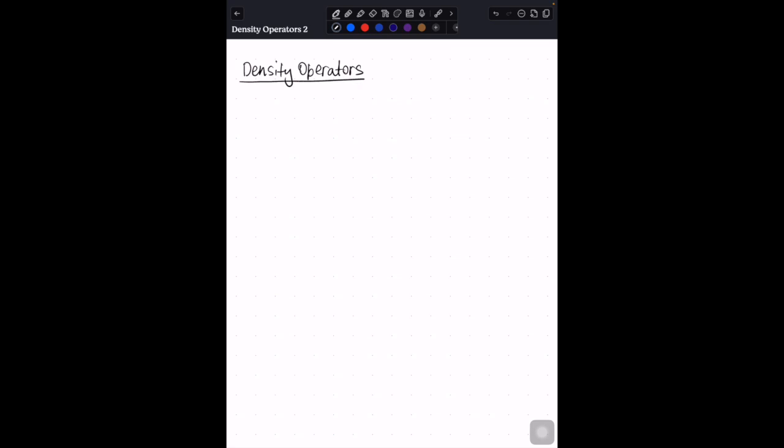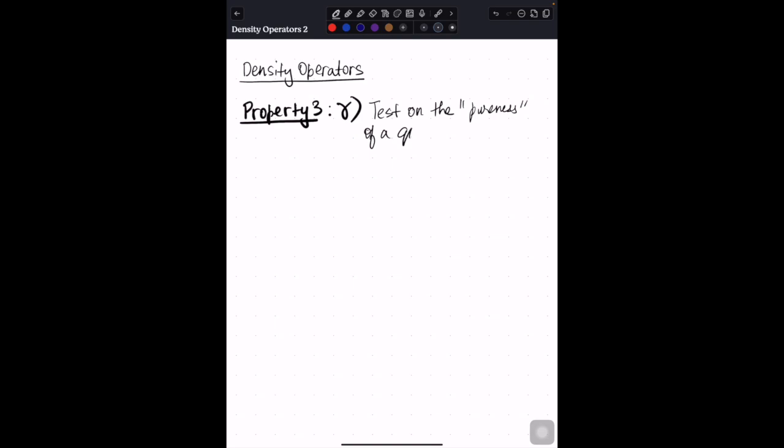So the last time we had left off at property 3, which I had referred to as gamma, which is a test on the pureness of a quantum system. And how is this test performed?